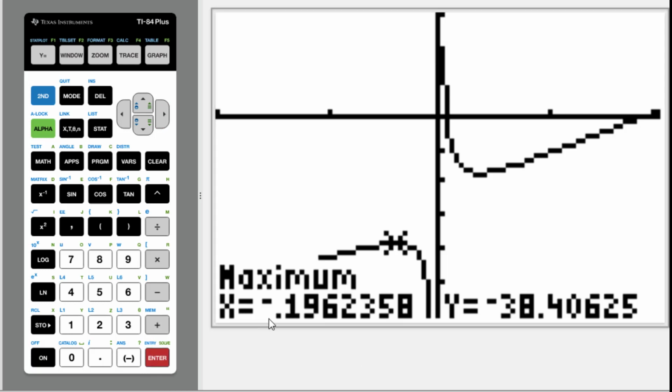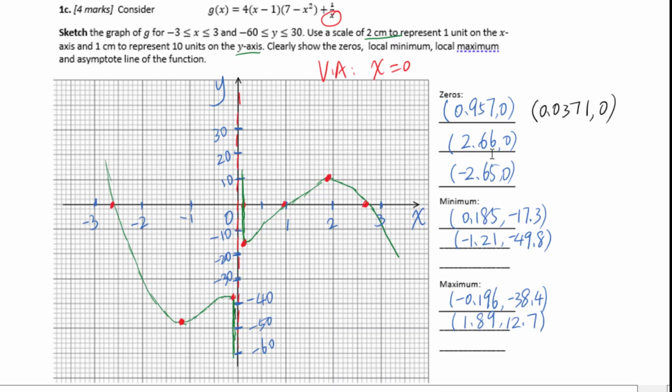Answer will be -0.196, -38.4. So we put all zeros and minimum, maximum values, vertical asymptote line. Then plot these points, connect the points, then we will get the graph for this g of x.